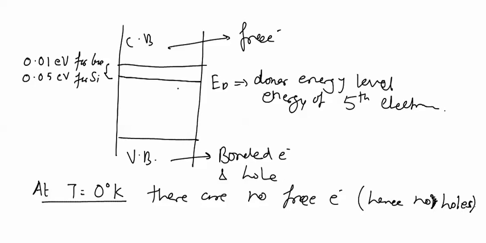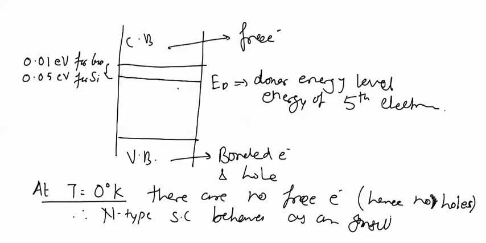There are no free electrons, hence no holes. Therefore an n-type semiconductor behaves as an insulator.